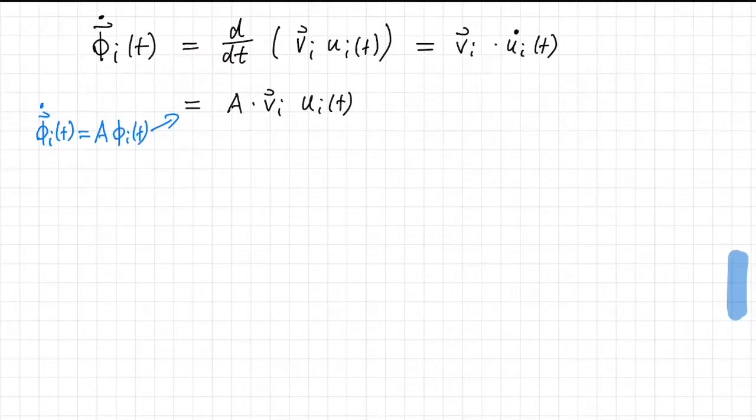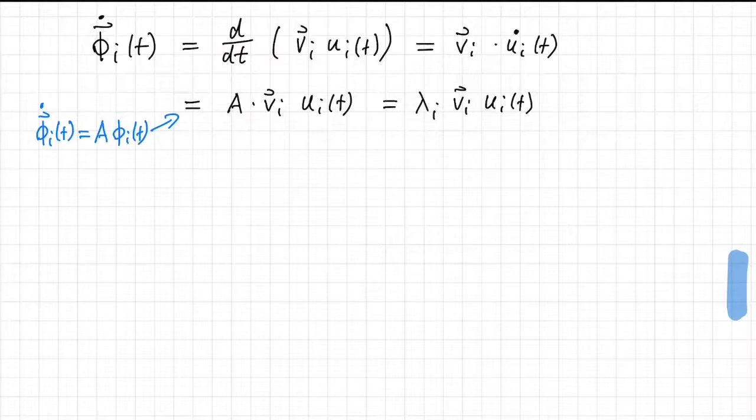Because vi is the eigenvector of A, we can simplify this to lambda i times vi times ui of t. Now we see that there is no matrix involved anymore.